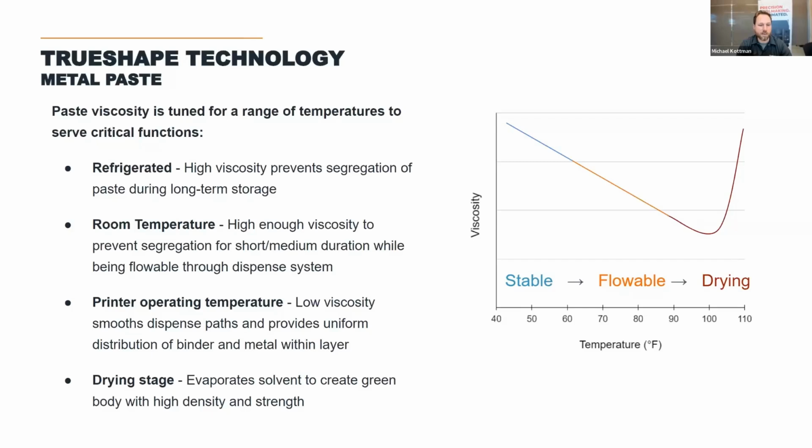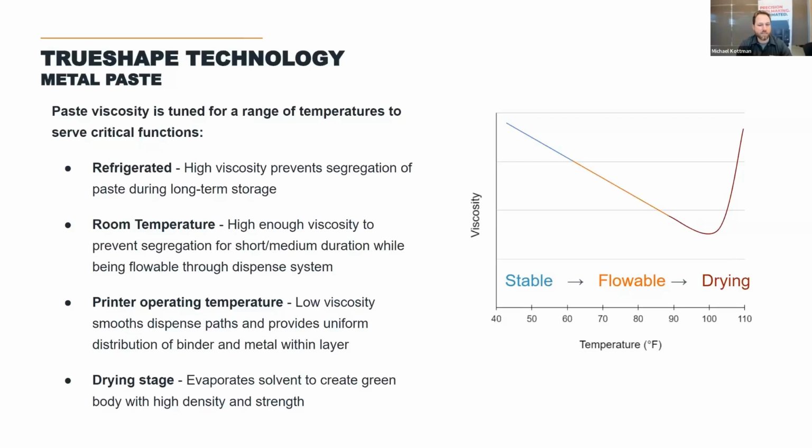Inside the printer, we heat it up to a pretty warm room environment, close to 90 Fahrenheit. The viscosity continues to drop, and we also start applying a shear force that lowers the viscosity further. That makes it super flowable. As it leaves the dispensing system, it provides a nice uniform layer, evenly distributing the binder and the metal powder. We don't have sputtering or chunks.